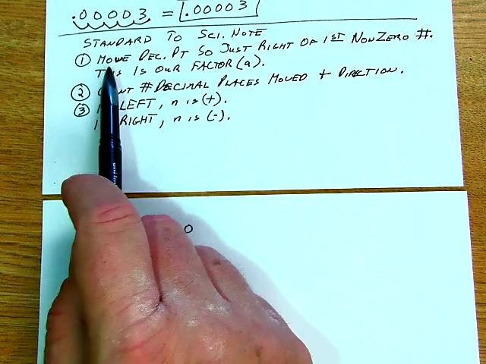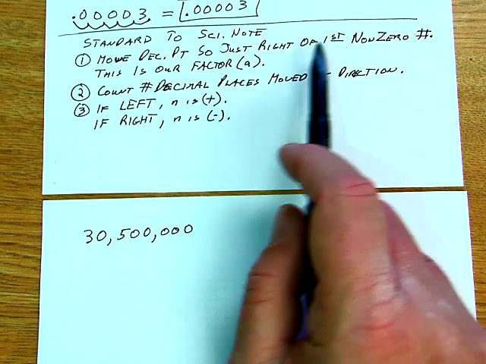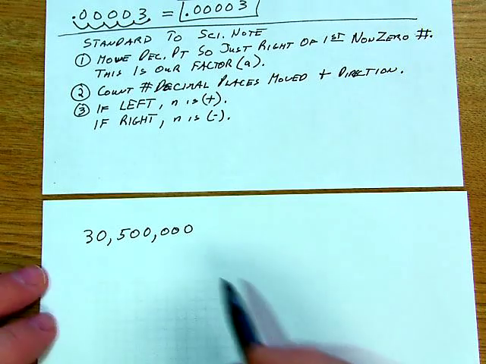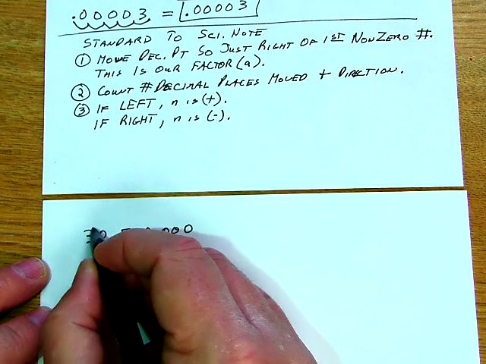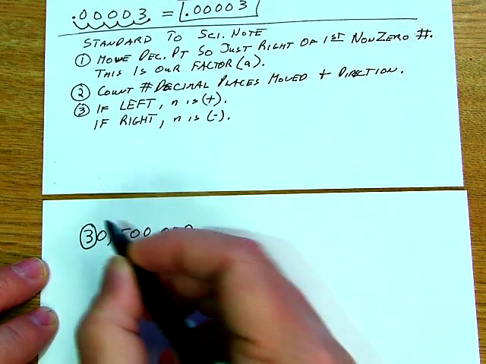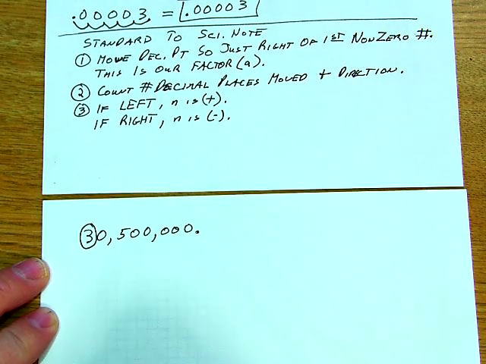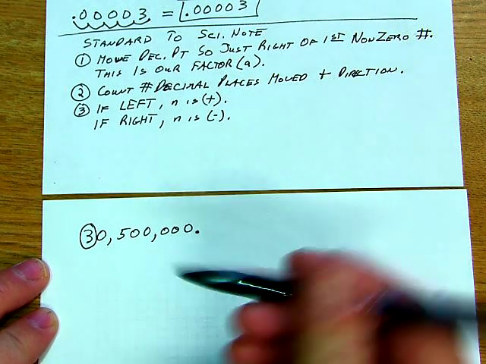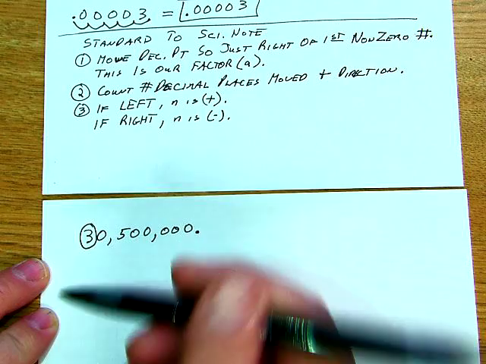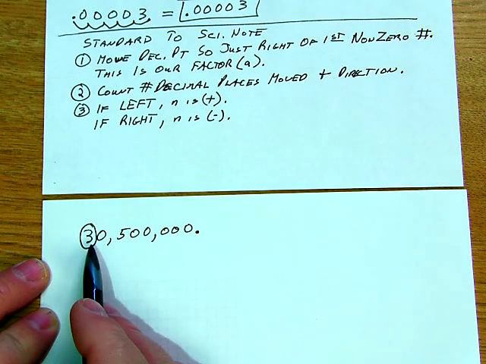The first rule is move the decimal point so it is just right of the first non-zero number. Well, the first non-zero number is this 3, right there. And here's where my decimal point starts. So I'm going to be moving this way. If I'm coming this way, that's to the left.